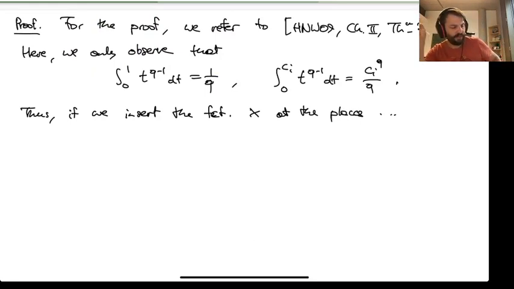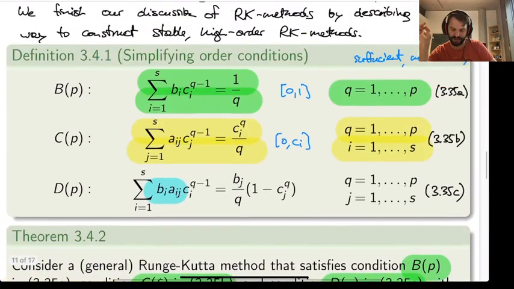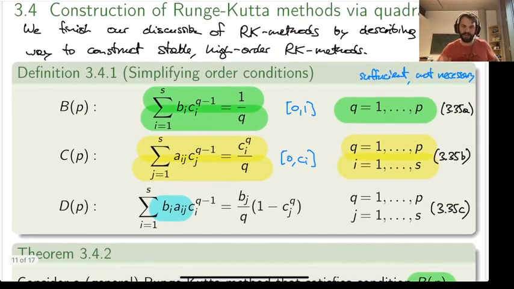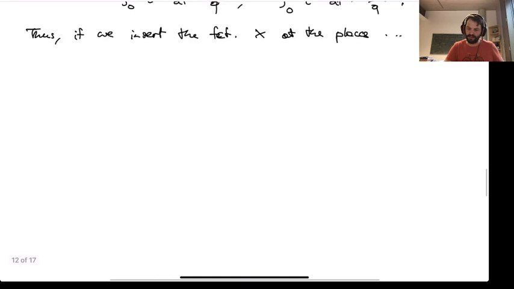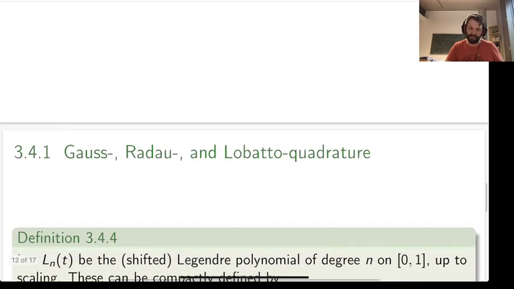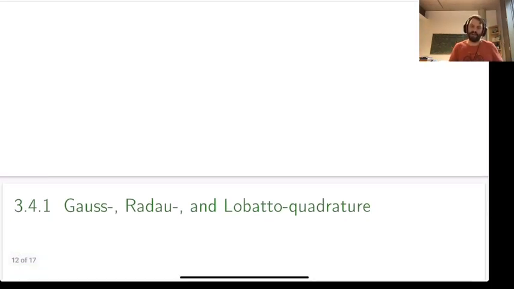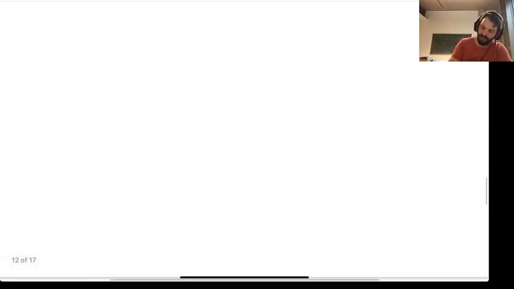Okay. So now we have these simplified order conditions, and now we can basically use our knowledge from quadrature in order to build good implicit Runge-Kutta methods. In order to do that, let us recall some of the things we know from Numerik 0, or from your first numerics course, on quadrature.